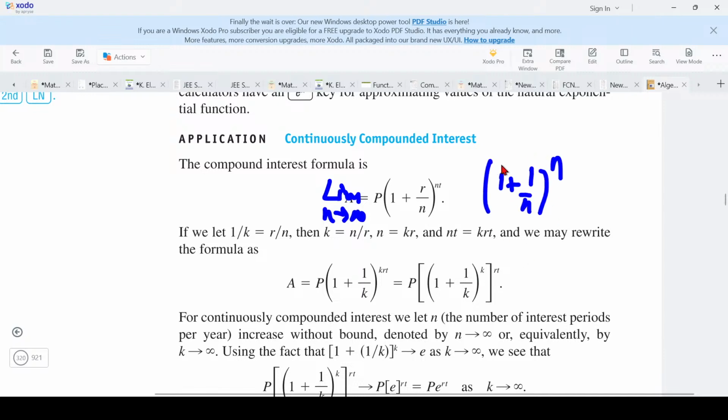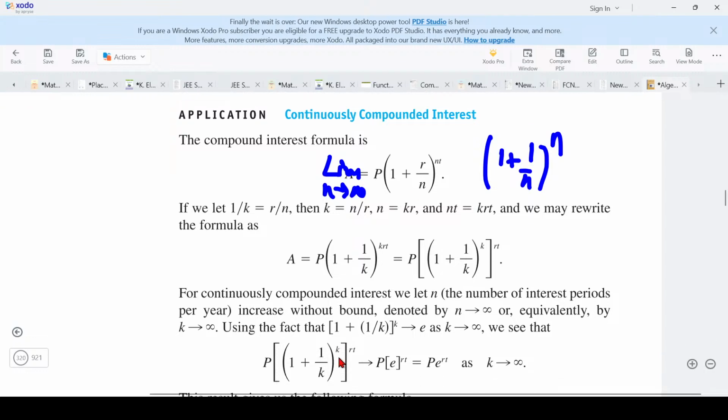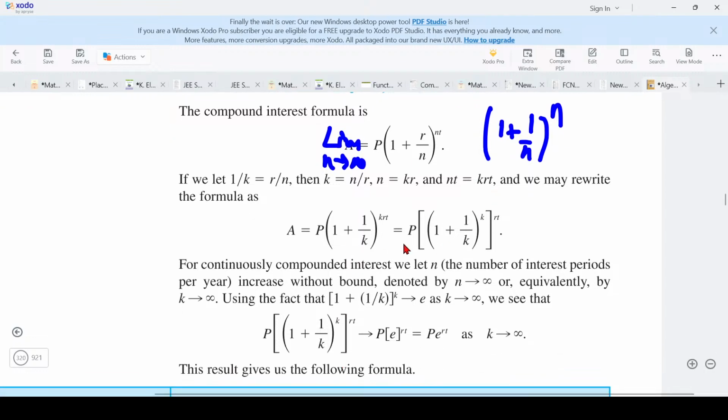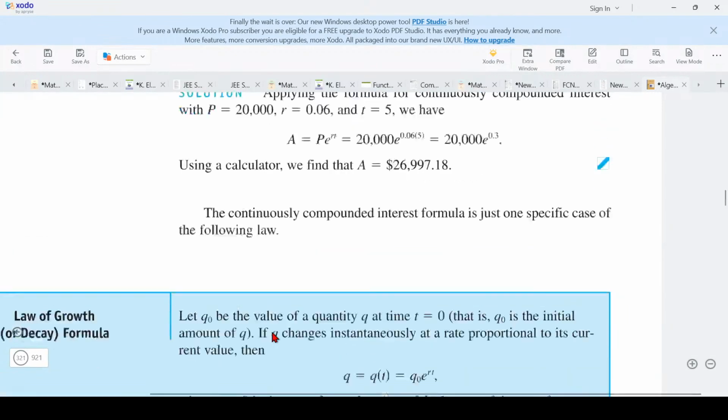So that's why we are trying to manipulate this a bit to get it in this form. Now when n tends to infinity, n by r will also tend to infinity, right? So we converted this and got it in this format. So actually the limit is this. Understood, no?